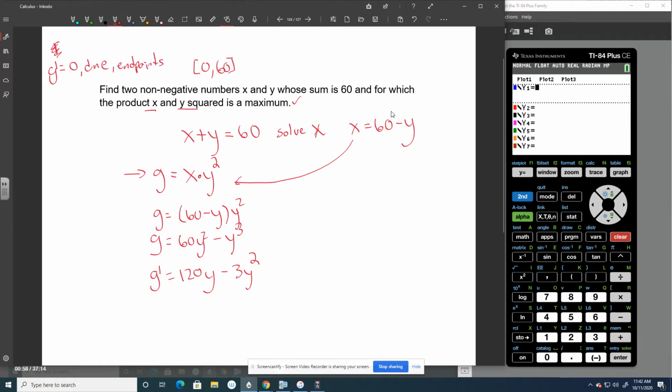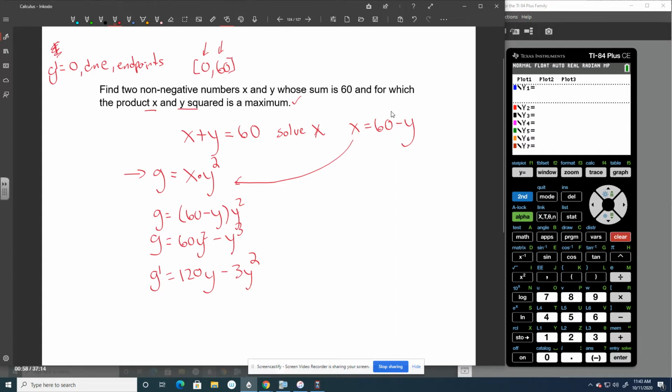That's a step a lot of people skip, because if I'm maximizing a product and one of my values is 60, that's going to give me a product of 0, which is definitely not going to be my maximum. And if my other value is 60, then my first value, these go together. If one is 60, one is 0.